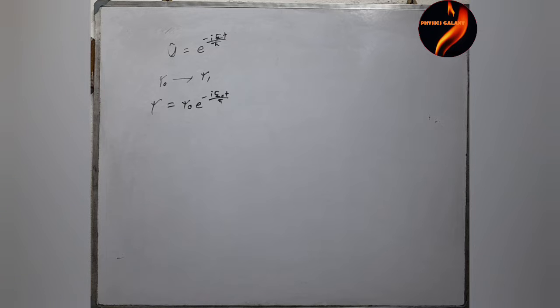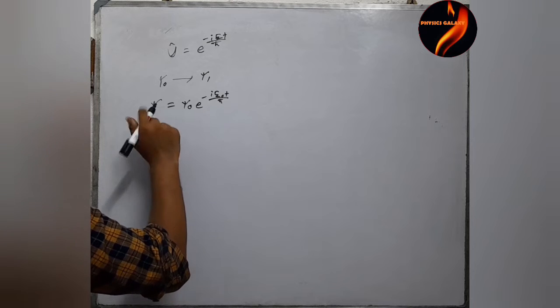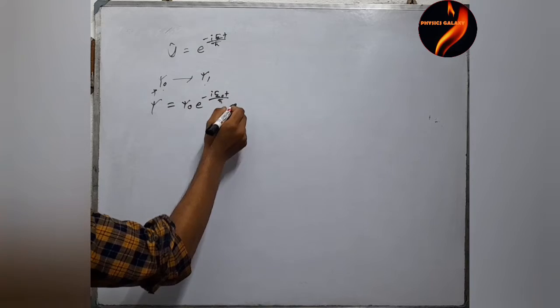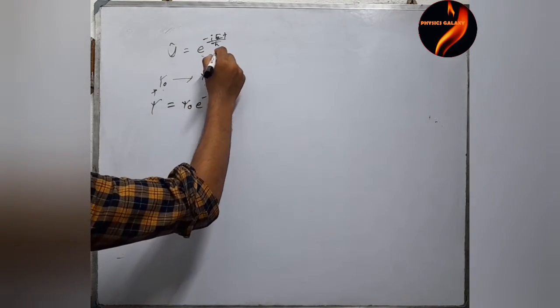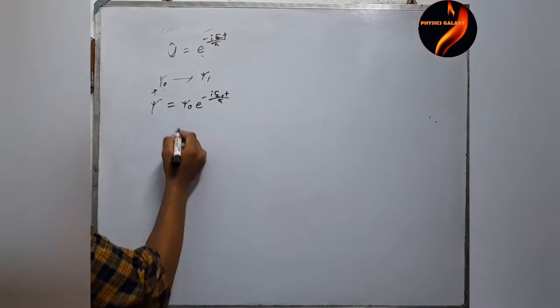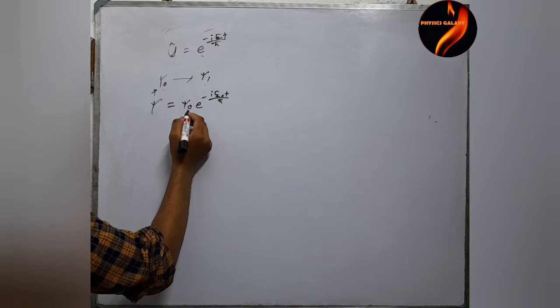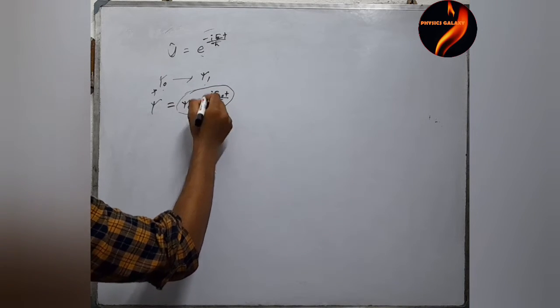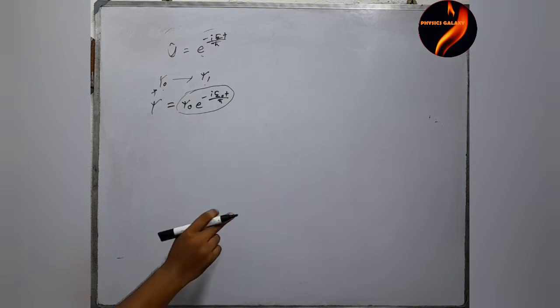At that moment I did not give the proper answer to this question, but I told them that as the x functional dependency of psi naught and psi 1 is different, and the unitary operator is only a function of t, if we multiply the ground state wave function with this unitary operator, its time dependency changes, but its x dependency does not change.